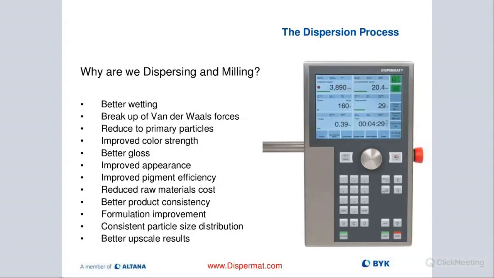That means we save money on raw material costs, and then we, of course, will get much better product consistency. Our formulations will improve. And if we do a good job, we should see consistent particle size distribution. And we should also get much better scale-up results if we move that to pilot or production.